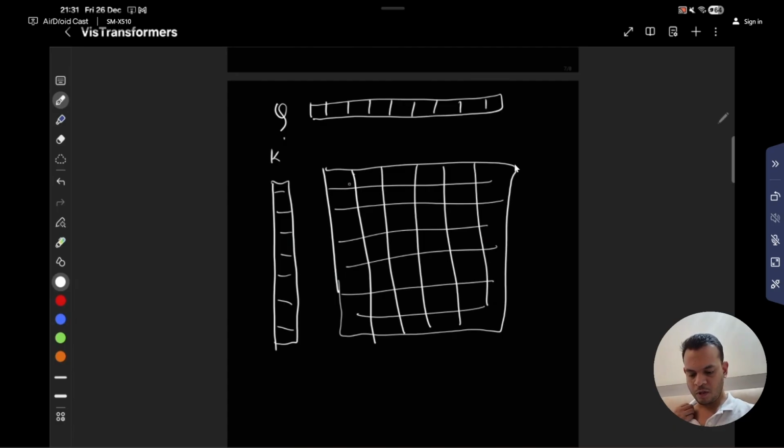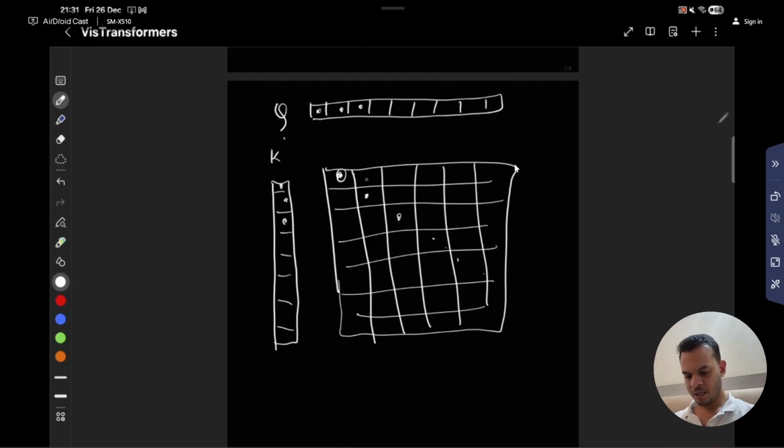And each of these would mean the relationship between this and this. This would mean a relationship between this and this. This would mean relationship between this and so on.